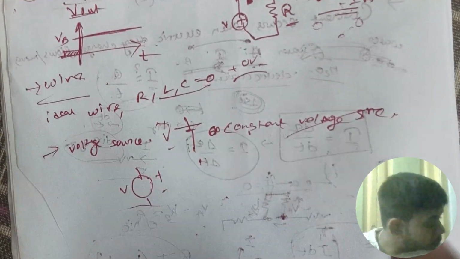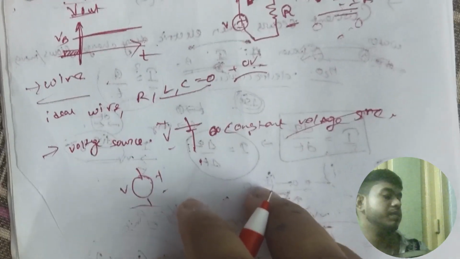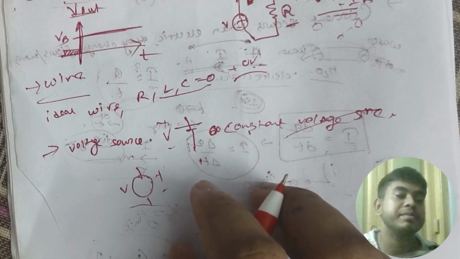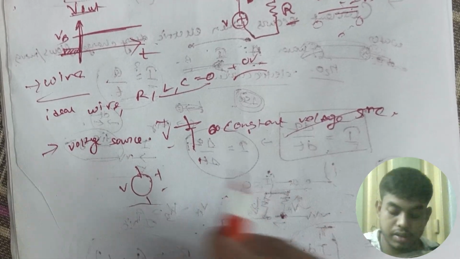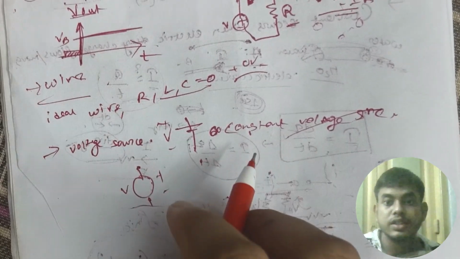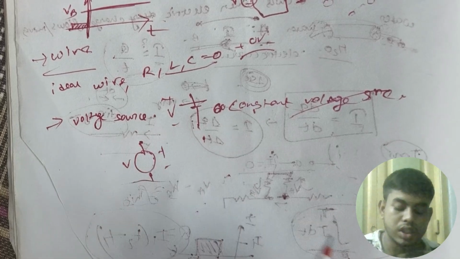A voltage source is a two-terminal device whose voltage does not depend on the current flow.